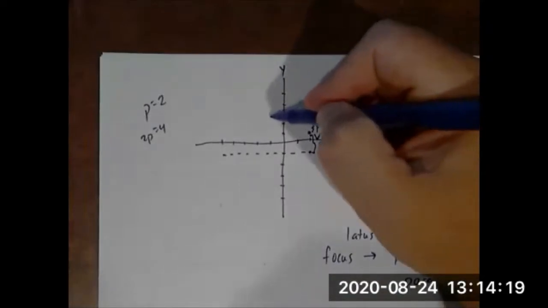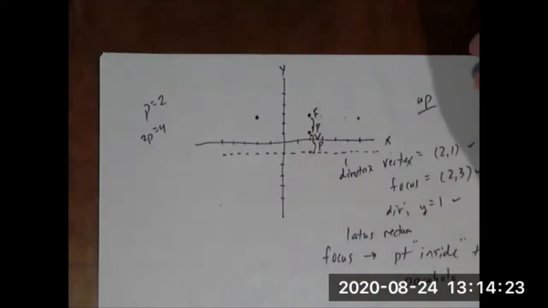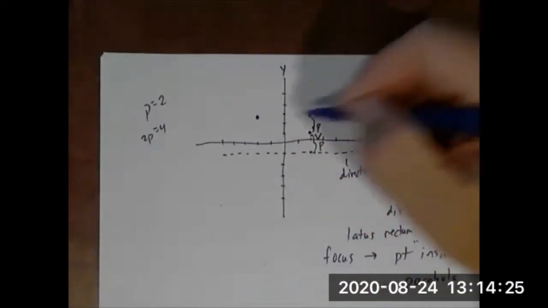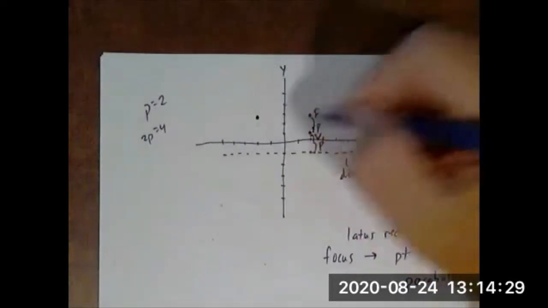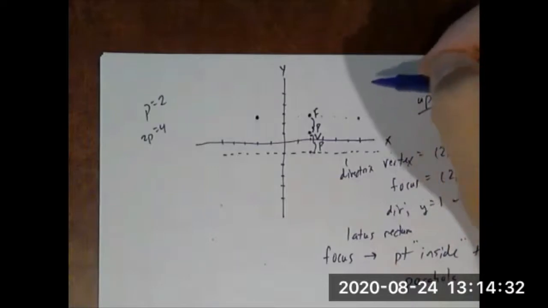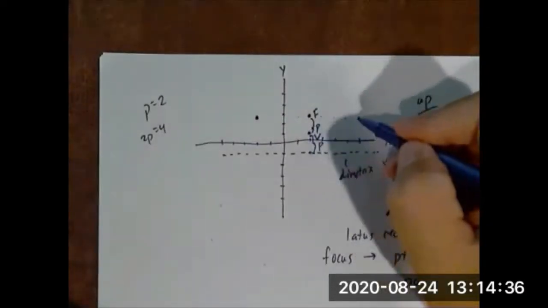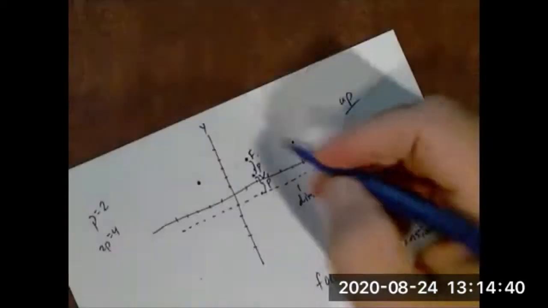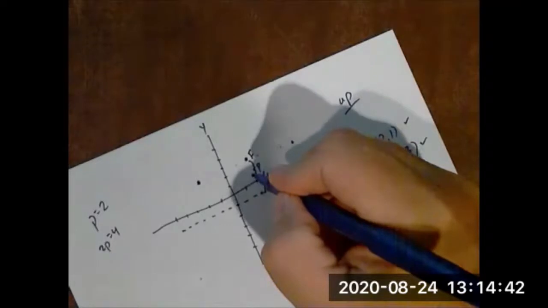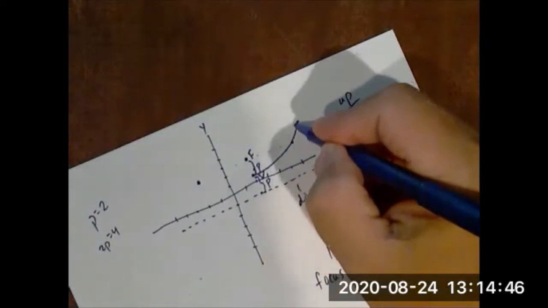1, 2, 3, 4. Now these 2 points I'm plotting here are strictly to help me graph it. I don't even need to know the coordinates necessarily. But these 2 points are now 2 of the points on the parabola. So now I know the vertex is here, and here are 2 points on my parabola. So now I can make a rough sketch of what this parabola is going to look like.